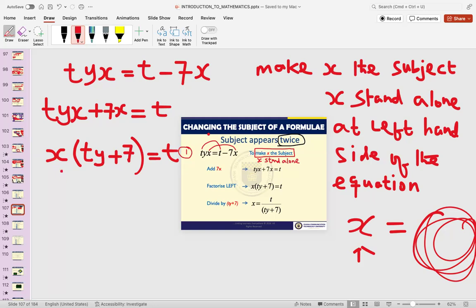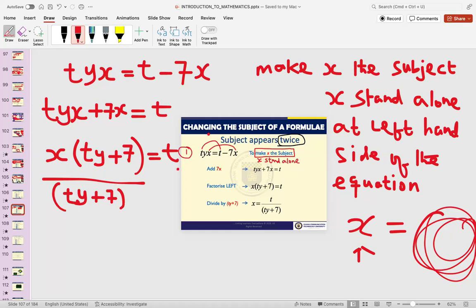So thankfully, we can see that X is standing alone now, but it's being attached with this expression. The only way of getting this one away is to divide every side by the same thing. So TY plus 7.